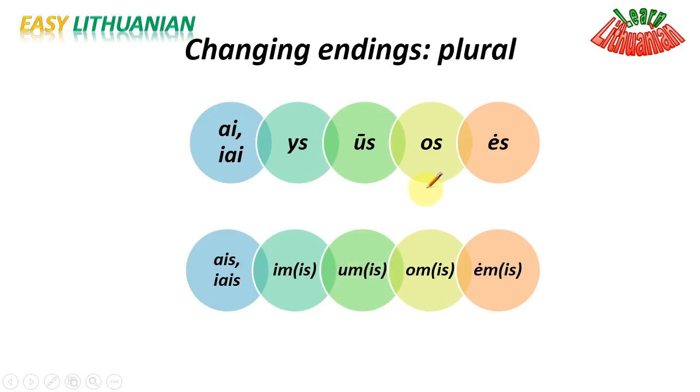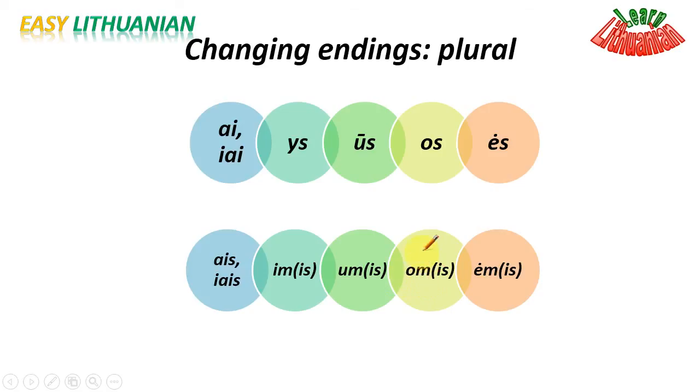Endings can be shortened. Os, these two, feminine, frequent. Os, for example, mamos, moms. So mamomis. Oh, too many m's. So let's take another word. For example, lampos, lamps. And with lamps, so lampomis, or lampom.